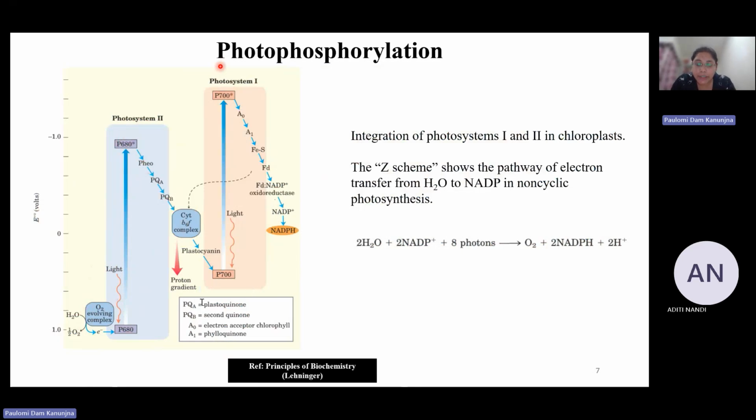Each electron must be lifted twice by photons, and we will see this stoichiometry as an equation in a while. But just to understand, to drive this reaction, each electron is lifted twice by photons, in PS2 and PS1. One photon is required per electron in each photosystem.